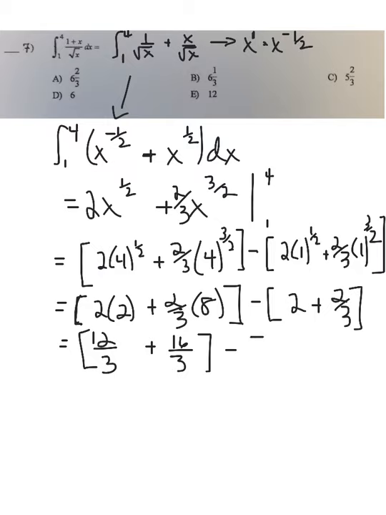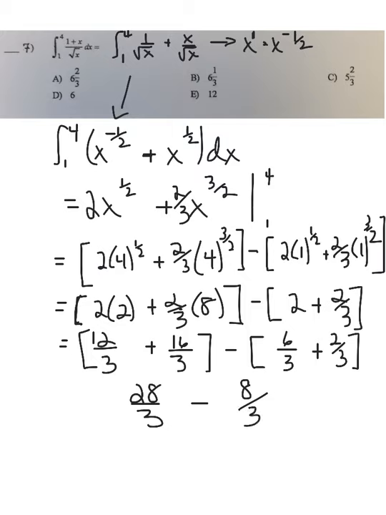Minus, and then 2 in terms of 3 will be 6/3, and this would be 2/3. So that's going to be 28/3 minus 8/3, which is 20/3. And that would be your answer. Okay, and 20/3 is choice A.